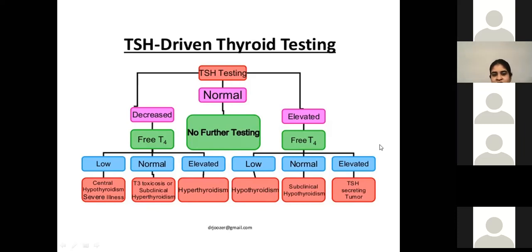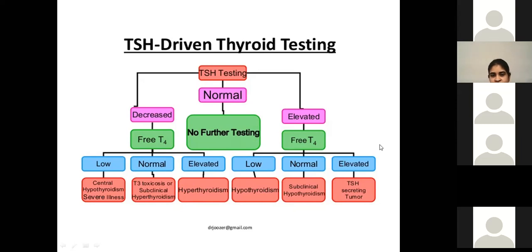Now, if we have a normal level, then obviously you do not have to do any test. You don't have to test the patient further, you have to look into other things. If it's decreased, then you will go for the second line, that is free T4. Now, if the free T4 is low and the TSH is also decreased, that might indicate that the patient either has central hypothyroidism or is severely ill where the thyroid has shut itself down.